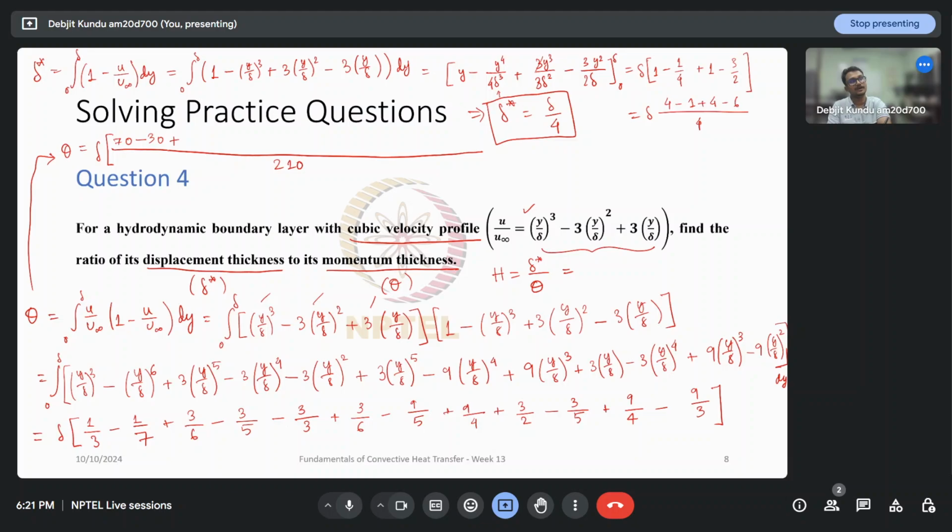Then I have half, so half would be 105. Then I have 3 by 5. So 210 by 5 gives us 42, and 42 into 3 will give us 126.